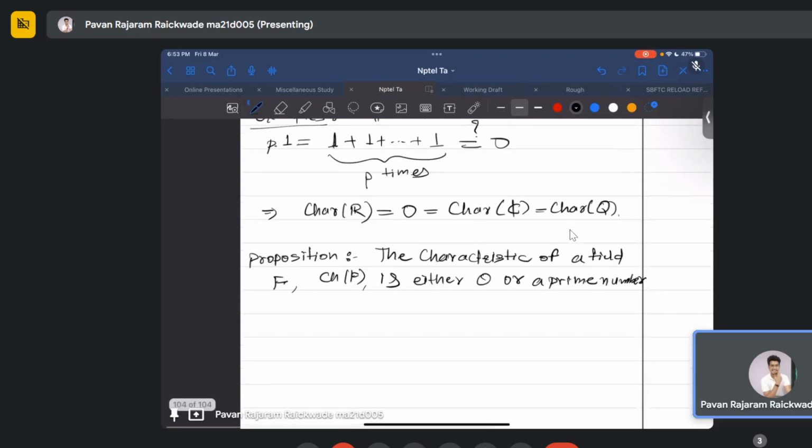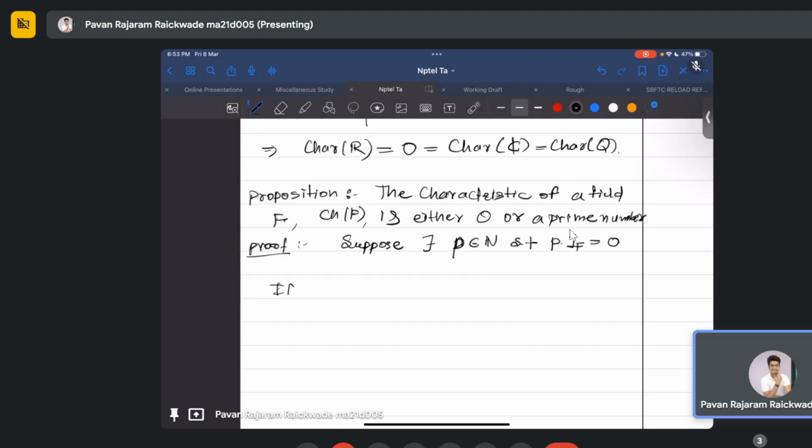Okay. So for infinite fields, you know it is 0. So suppose the characteristic of f is not 0. Suppose there exists a number p such that p times 1 of f is 0. Right? Now suppose p can be written as ab, that is, p is not prime, right? Then what do you get?